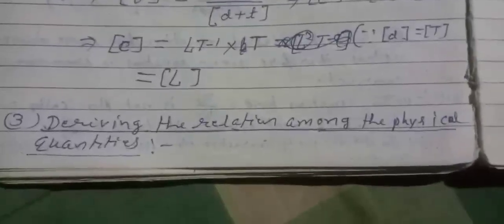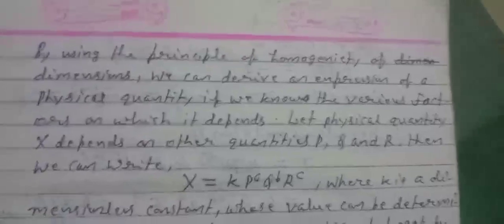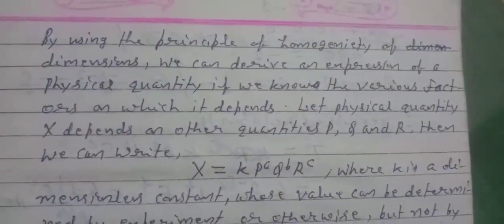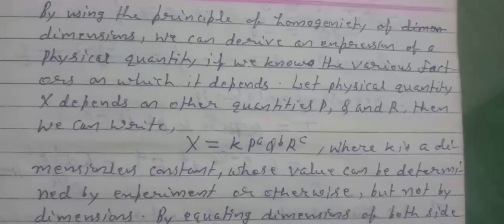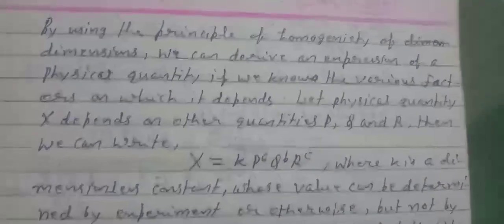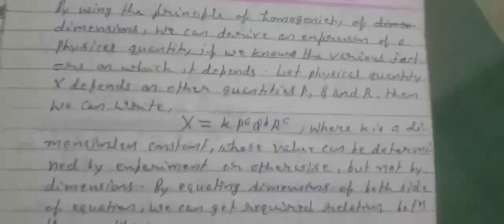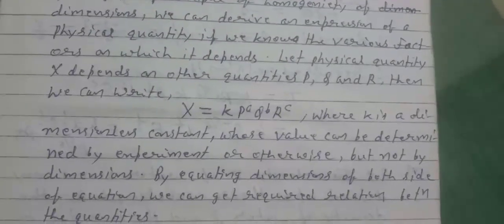Three: deriving the relation among physical quantities. By using the principle of homogeneity of dimensions, we can derive an expression of a physical quantity if we know the various factors on which it depends. Let physical quantity x depend on other quantities p, q and r.